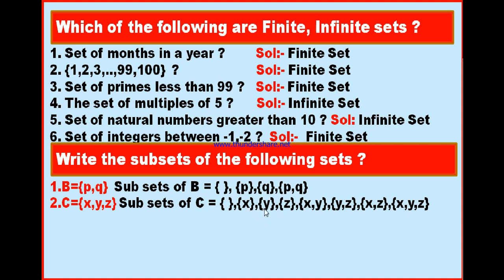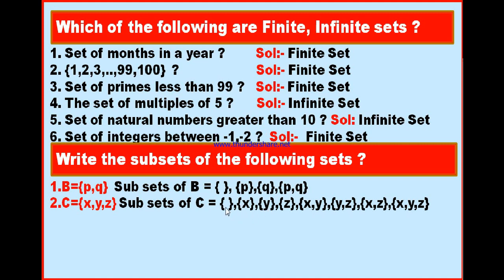We took only 1 element each. Later you take 2 elements like that: set {X, Y}, set {Y, Z}, set {X, Z}. You see, first an empty set, {X}, {Y}, {Z}, {X, Y}, {Y, Z}, {X, Z}, and at last list out all elements, set {X, Y, Z}.